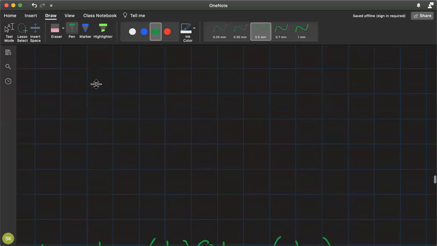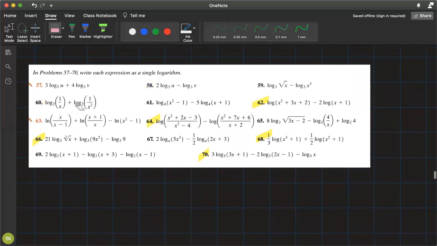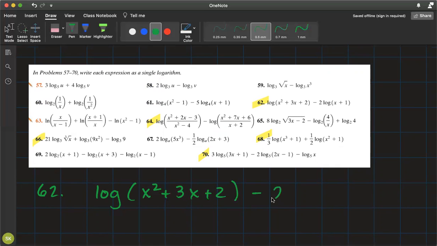Let's try Problem 62. So I have log, the base here is 10, x squared plus 3x plus 2 minus 2 log x plus 1.